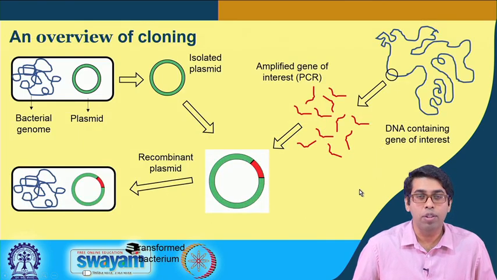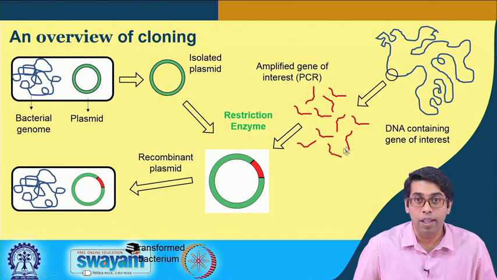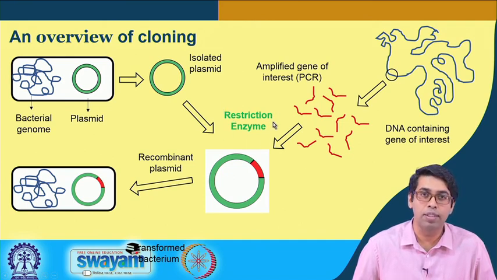Again coming back to the overview slide, when you have your isolated plasmid and your amplified gene from PCR, at this step we are going to use the restriction enzyme to digest them properly, so that they will have the right sticky ends, so that we can mix them together.